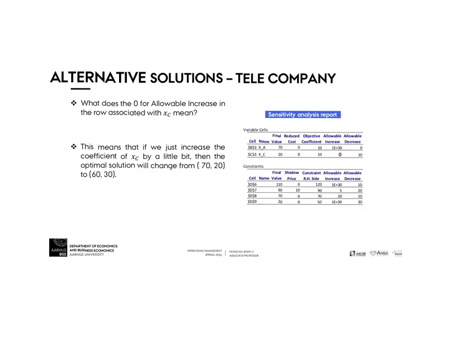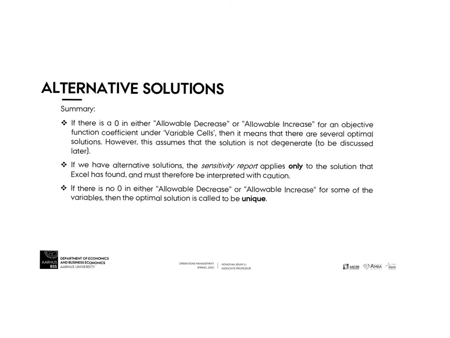Therefore, we can conclude if we just decrease or increase the coefficients of the decision variables, when you see a 0 in the allowable increase or allowable decrease, actually you may have an alternative solution. If you just increase or decrease a little bit, you will get reported a new optimal solution.